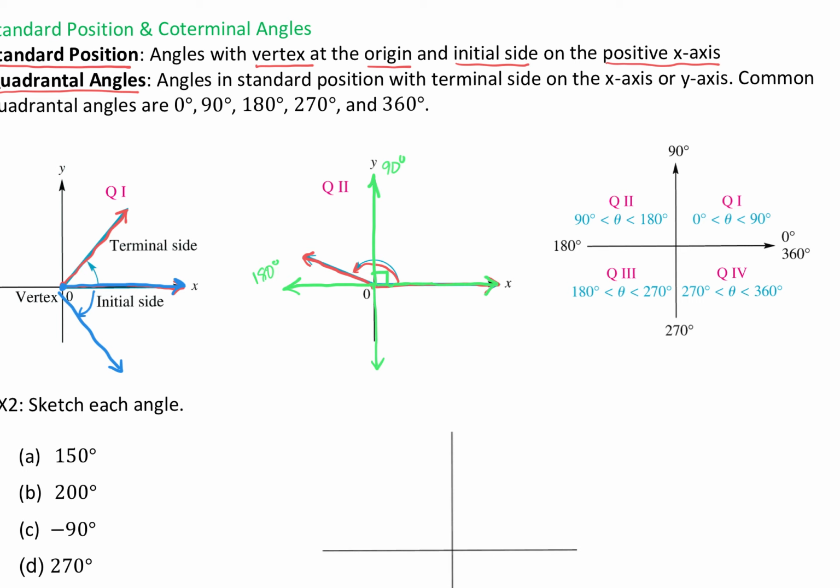So each quadrant is an angle distance of 90 degrees. So if I keep going around, I will have 270 degrees. That would be another common quadrantal angle. And then coming back to the beginning, this would be 360 degrees. Remember, we started at 0 degrees. So those are our common quadrantal angles.